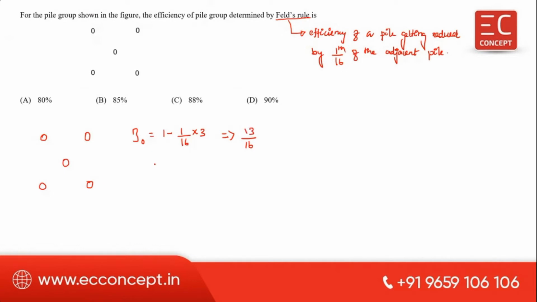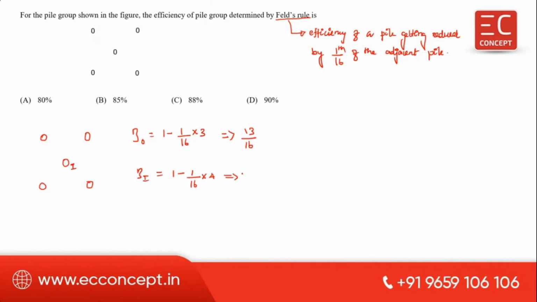And similarly for the inner pile, the efficiency gets reduced by 1/16 for each adjacent pile. There are 4 piles adjacent to this one, therefore multiply by 4.